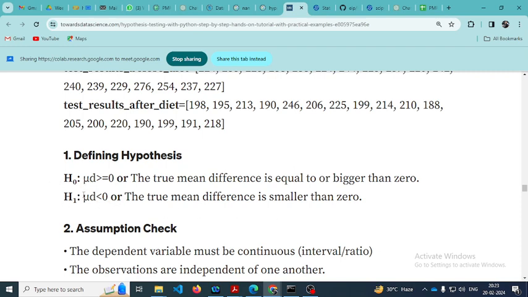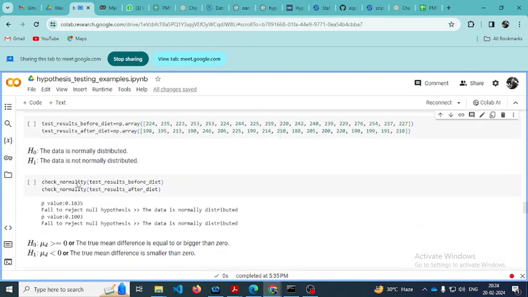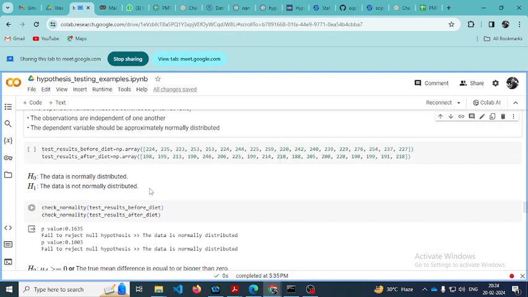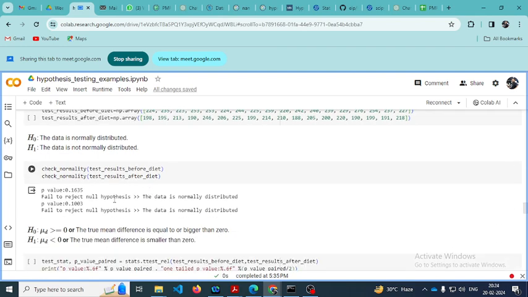Of course, for my alternative hypothesis, I am going to assume the mean diet difference is less than 0. I am going to assume that as my null hypothesis, greater than or equal to 0, and of course the alternative hypothesis is that it is less than 0. We are going to assume like that.